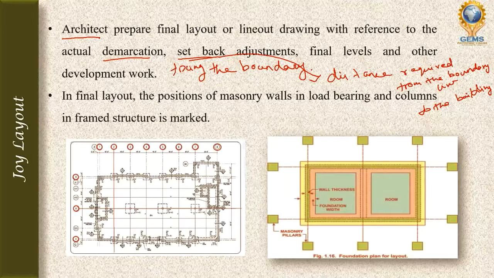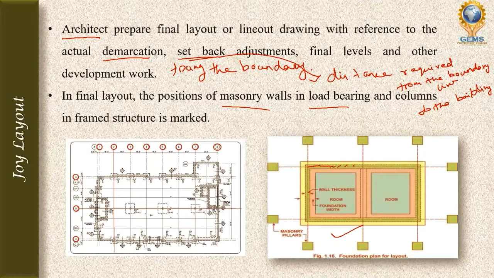So in the final layout, we will have the positions of masonry walls, whether it is a load bearing structure, we will have masonry walls. See here, this diagram is one for the load bearing structures. So in the final layout, he will give the positions where the masonry walls will come.